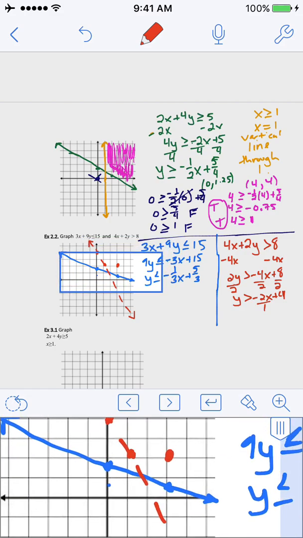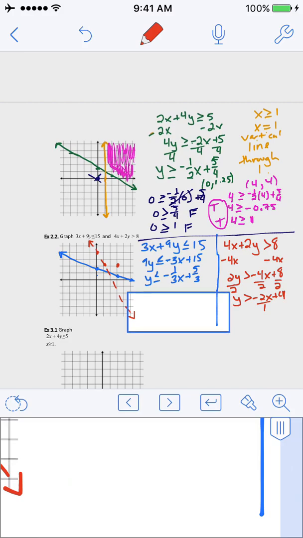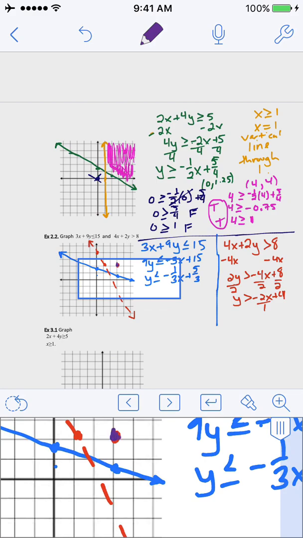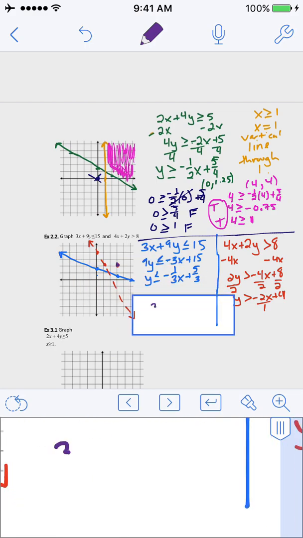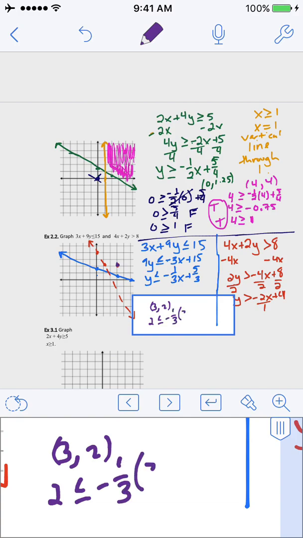Alright, so that would be the point (3, 2). So let's test that point out. We're not going to use blue, we're going to use purple. So this purple point right here is going to be the point (3, 2). So y would be 2 is less than negative 1 over 3 times 3 plus 5/3.